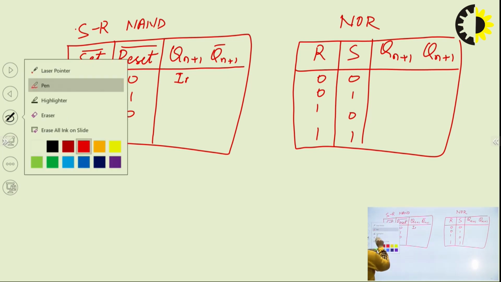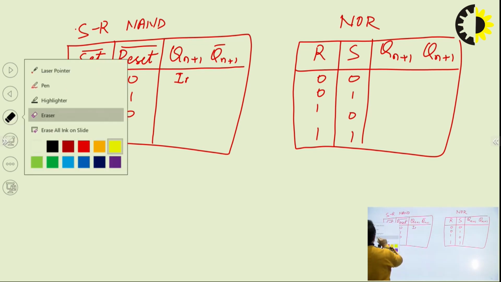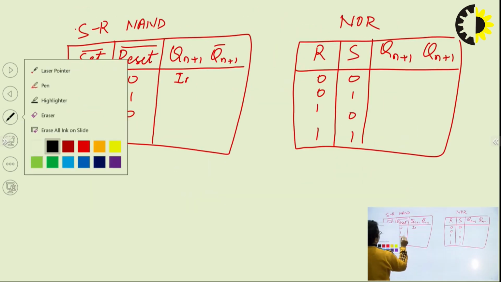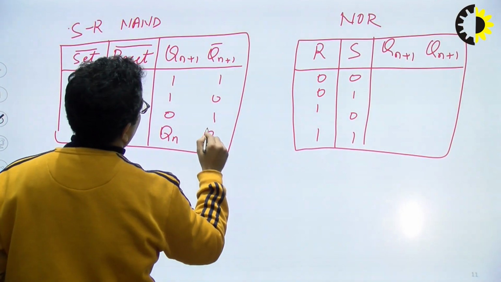So in the case of the NAND latch, the invalid state is 0 0. Now similarly, for giving 1 0 to the set and reset, it will be 1 0, for this it will be 0 1, and when we are giving 1 1, that means waiting for the input to be given, so it will be Qn and Qn complement.